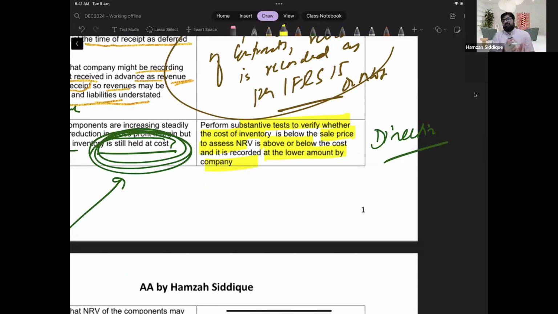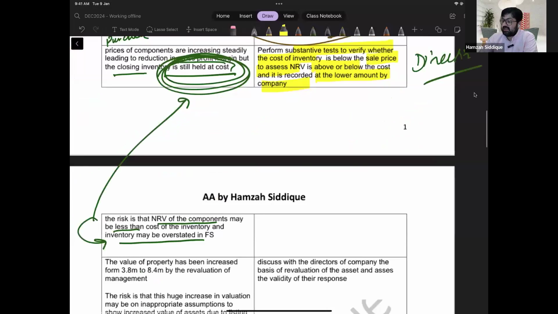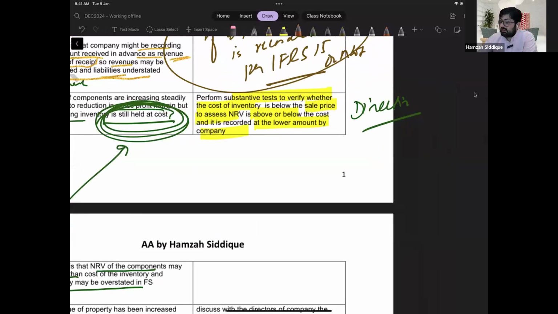How detailed it is done was discussed, so it is clear what to do. Now, some champions write the response: perform substantive procedures to verify inventory is correctly recorded as per IAS 2. That is not enough, so you won't get marks by that.